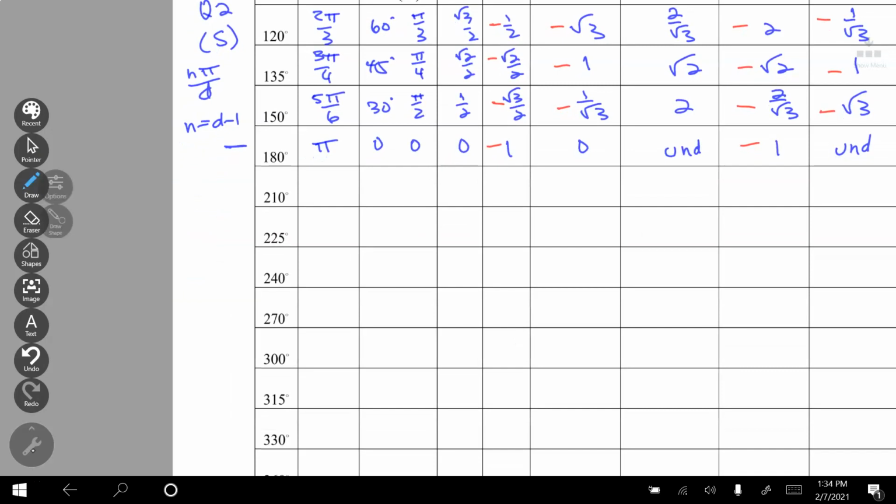Quadrant 3 ends here at 270. This is where my tangents are going to be positive, and this time my numerator is going to be 1 more than the denominator.